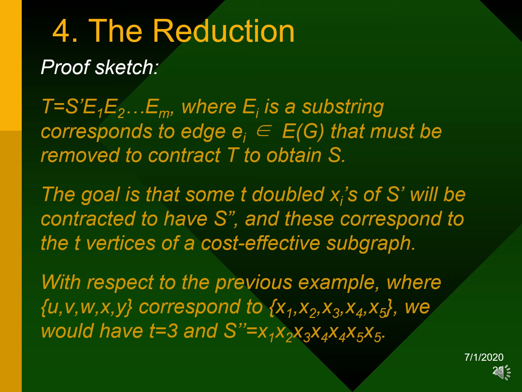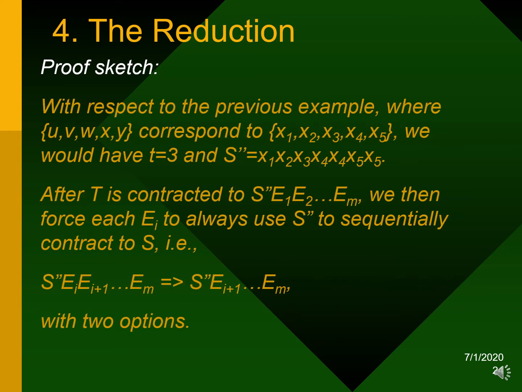If in the previous example, UVWXY correspond to X1, X2, X3, X4, X5, we would have T equal to 3. In other words, you would construct two X1s, two X2s, two X3s, and you leave the X4, X5s alone. Okay.